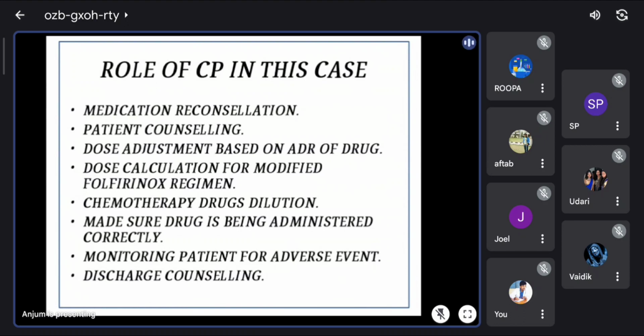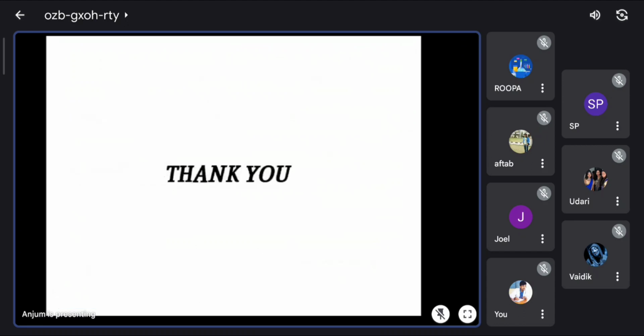So, as a CP, I did the chemotherapy drug dilution, and I made sure that the correct drug was administered at the correct flow rate, and I monitored for any further adverse events. That's it. Done. Thank you.